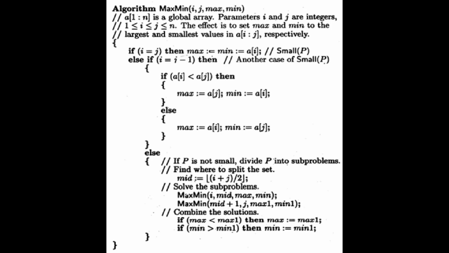We know that A[1:n] is a global array, and A[i:j] is part of the global array.